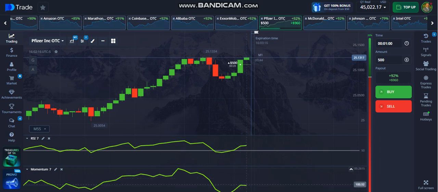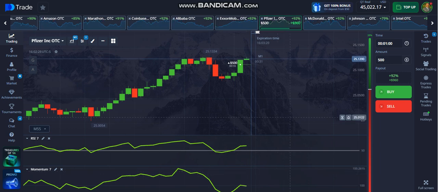When I took the trade, it's kind of evened out, but I'm anticipating there's going to be a continued bullish momentum here to the upside over the next 60 seconds. So let's monitor this trade and wait for the expiry.